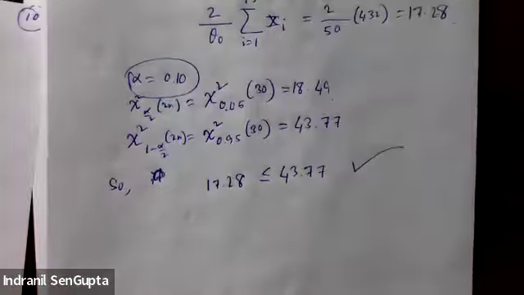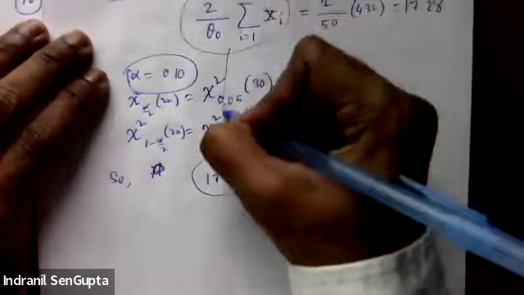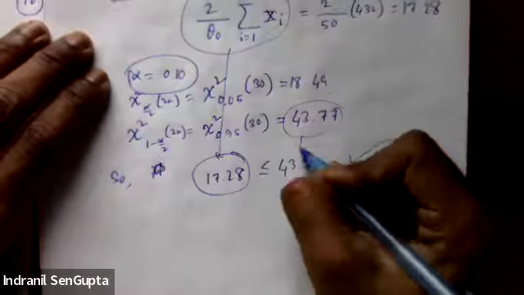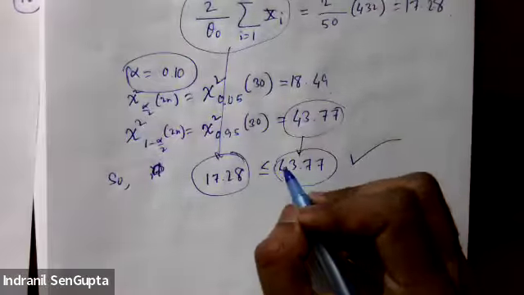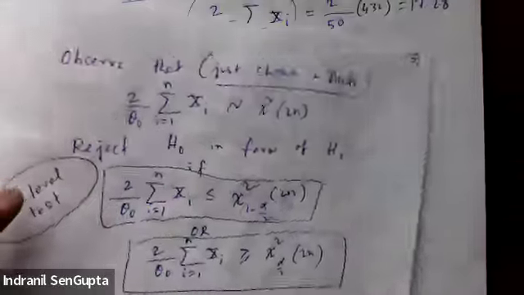Yes. And hence this quantity is less than this one, so one of these conditions is satisfied, the first one. And therefore we reject the null hypothesis.